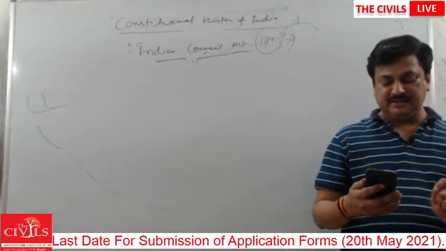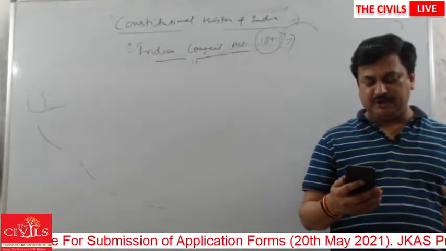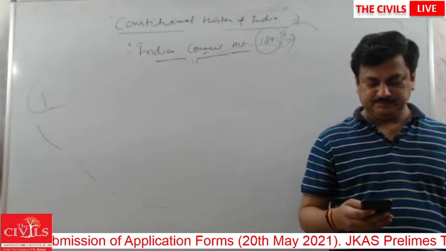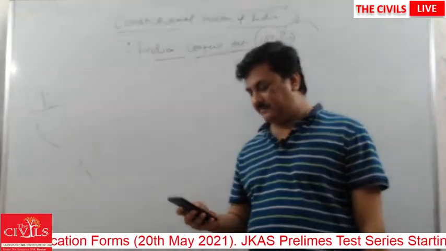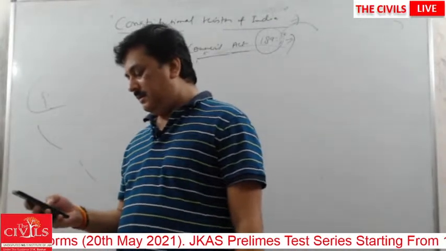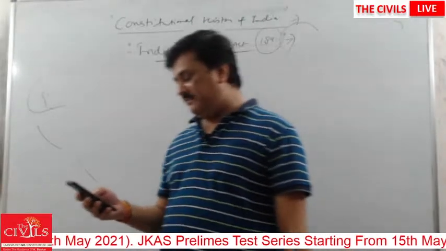By which act was the dual government system abolished? Very good, the Good Governance Act, which means the Act of 1858.